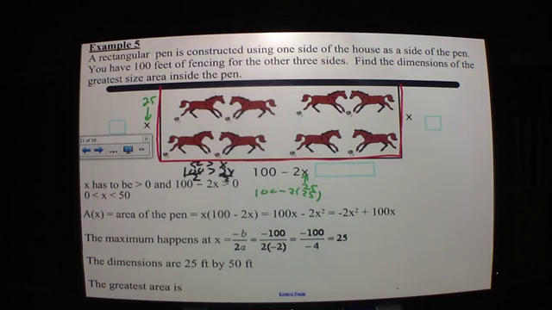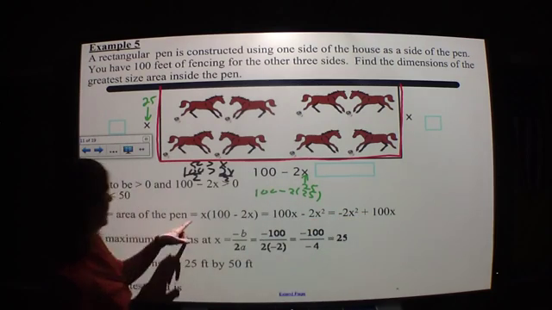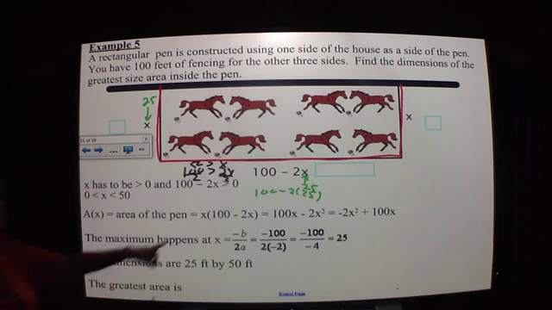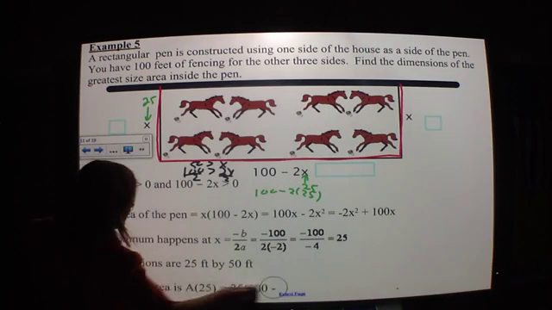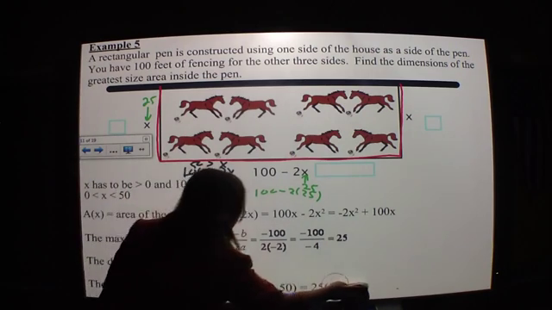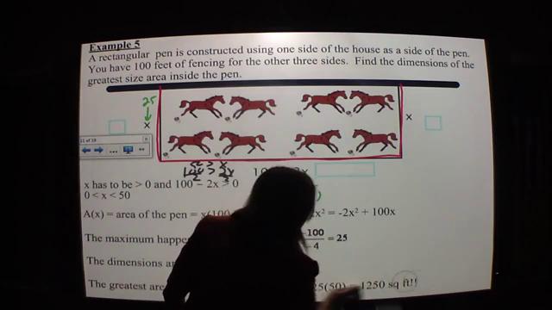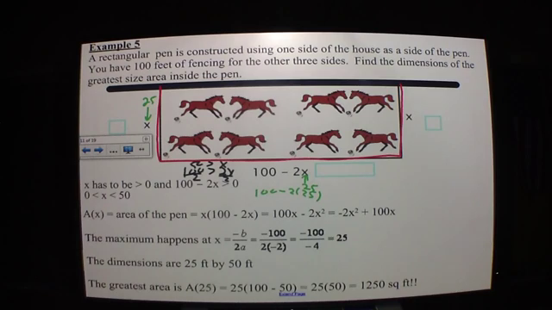So for the area, you could take 25 and plug it into this equation or this equation. It doesn't really matter. This is probably easier, 25 times 50. When you multiply it, you get 1,250 square feet.